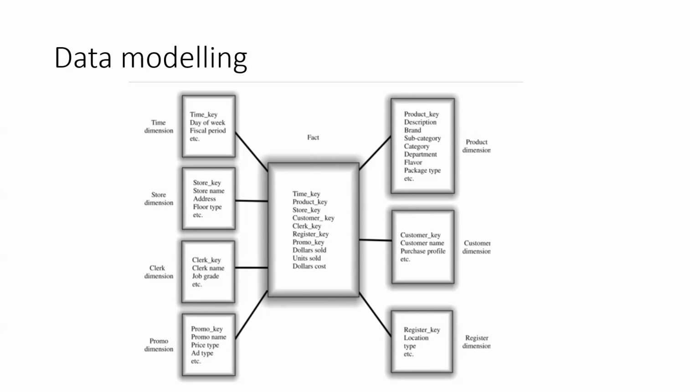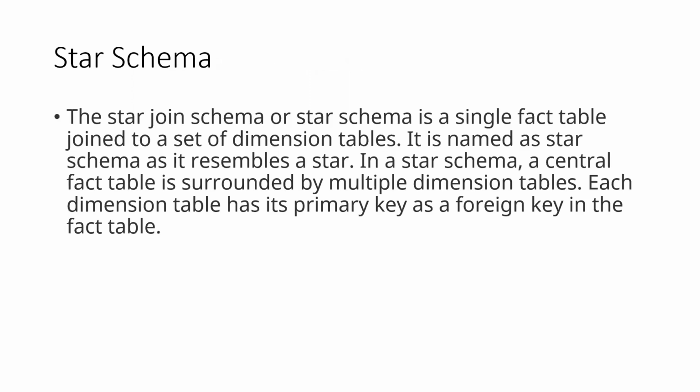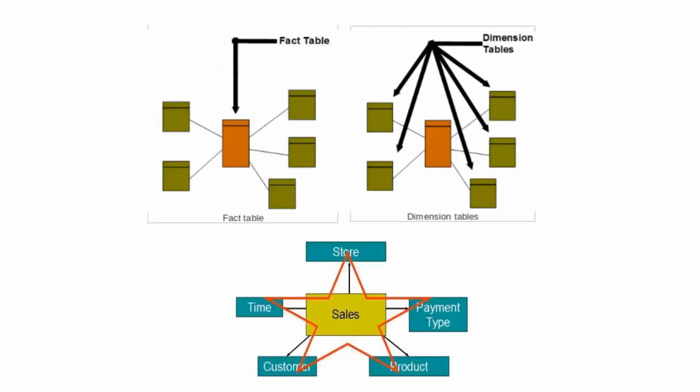For the complexity of the data modeling, there is snowflake schema. Let me first cover what a schema is. Based on different data modeling, we are segregating the data modeling, maybe into star schema, and another one is snowflake schema. So this is star schema. In star schema, there is a single fact table and multiple dimension tables.